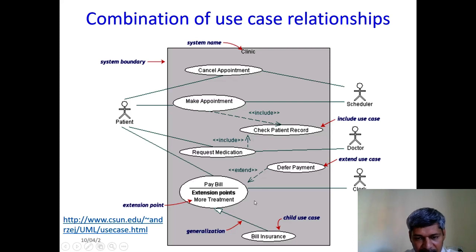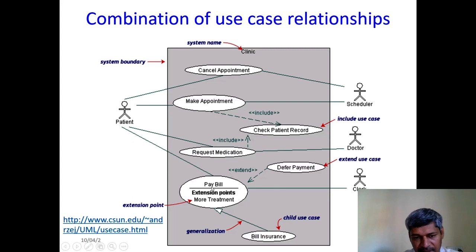So that's why there can be an extension use case for that, which is the deferred payment, for a later time if there is more treatment to be done. These are the extension points which we have discussed with the earlier example as well. So even here it actually makes sense. Whenever the patient needs more treatment, you are extending the behavior with this deferred payment.